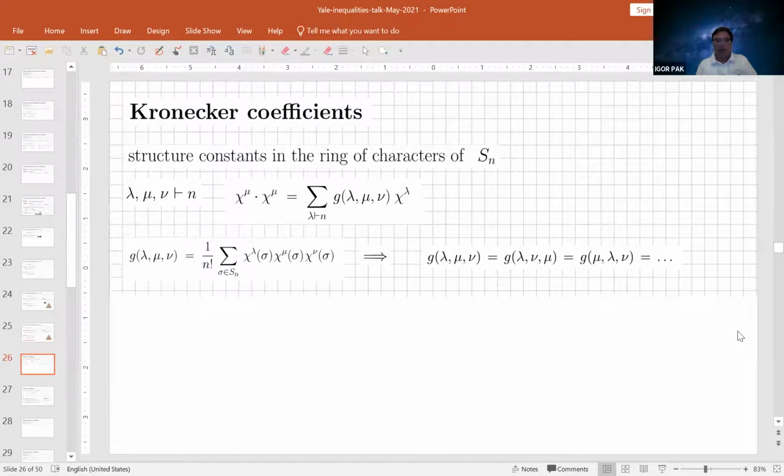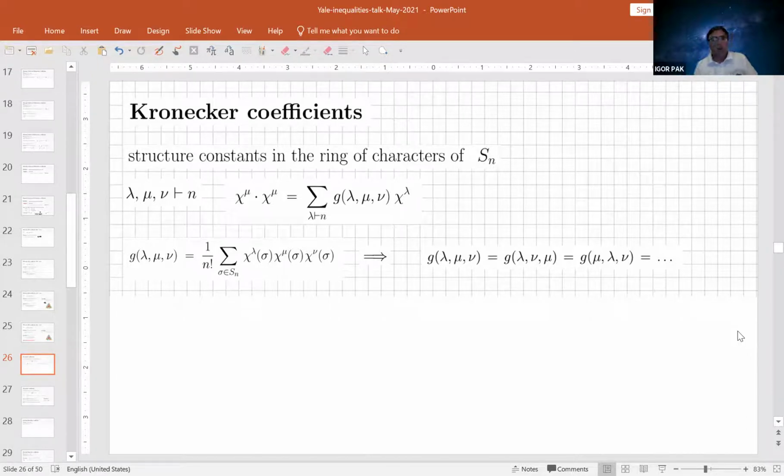So the next one I want to talk about is Kronecker coefficients, and those are structure constants in the ring of characters of the symmetric group S_n, where what you do with characters is just multiply them. You multiply two characters as functions on the group, and you get another function, which corresponds to the tensor product of these representations. Then you can write it in terms of irreducible characters, and you get some numbers.